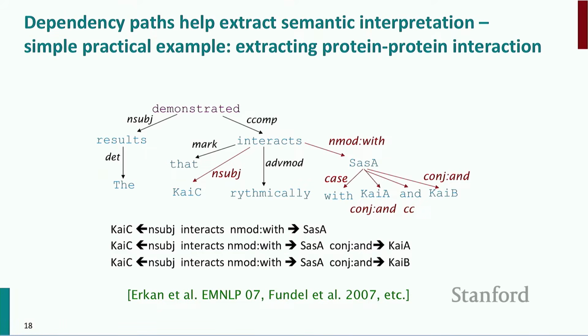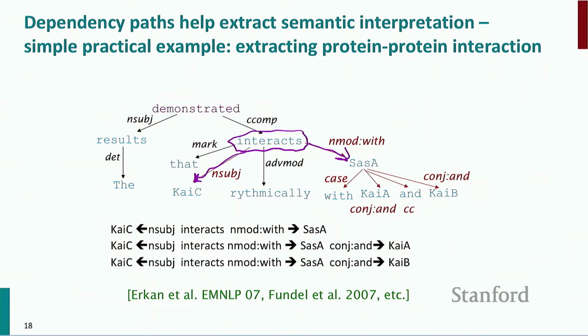And commonly you can get those facts out by looking for patterns. So have a verb interacts, which indicates an interaction pattern. It's going to be taking arguments, a subject and interacts with a prepositional argument. So that will be an interaction that chi-C, whatever that is, interacts with SAS-A.